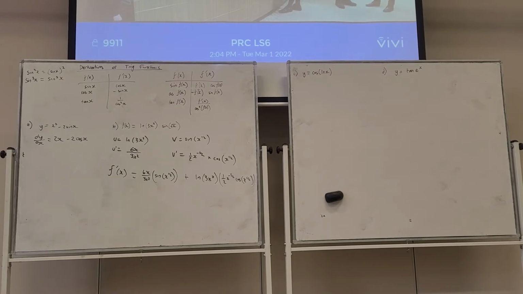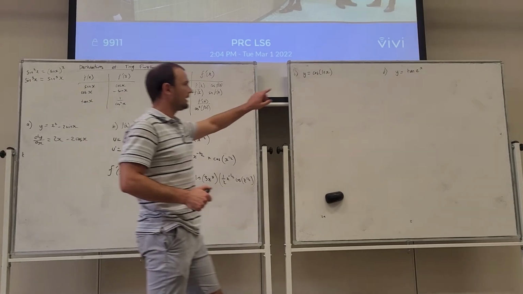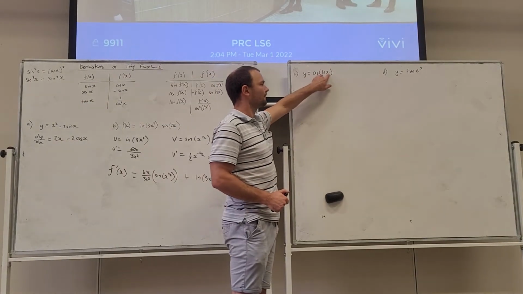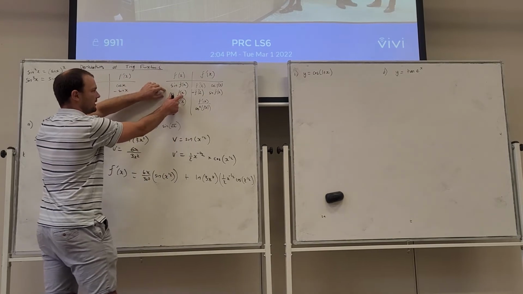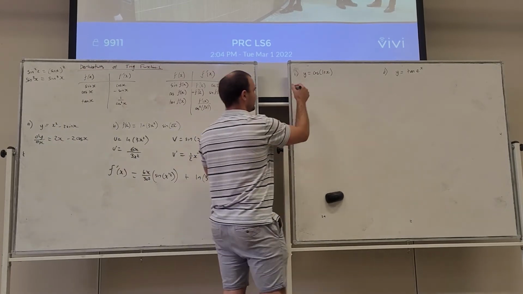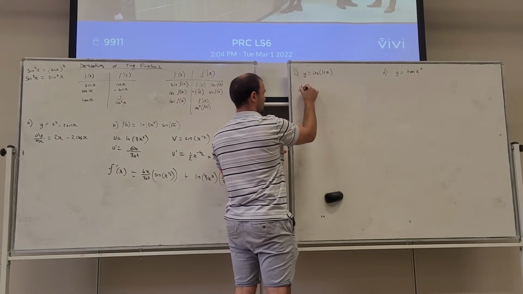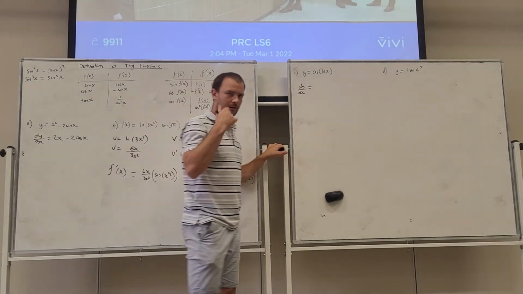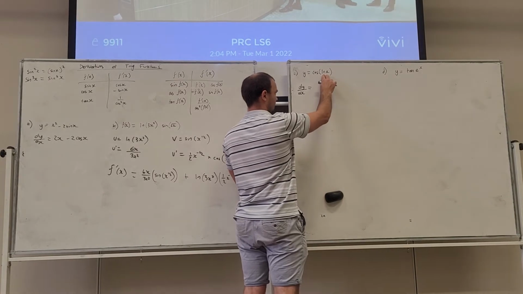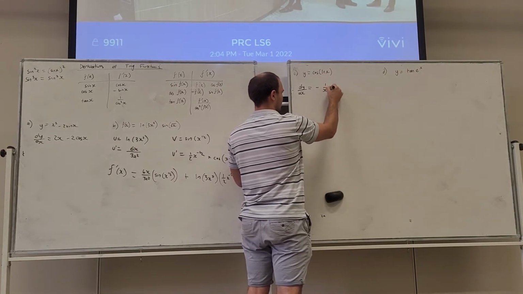Okay, let's move on to C. We've got cos of ln of x. So we've got cos of a function. So that means we need to use this rule here. Firstly, we've got y, so we're going to dy/dx. Firstly, we have the derivative of the function. Derivative of ln x is 1 on x.